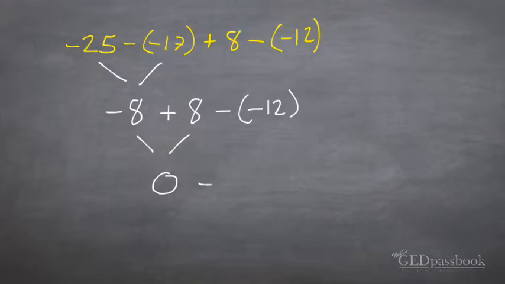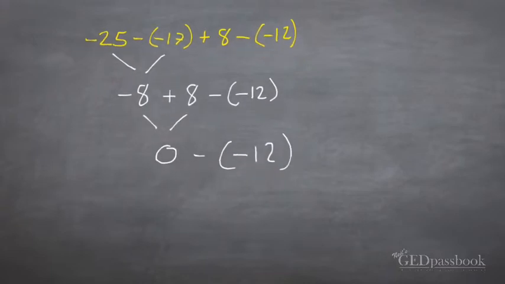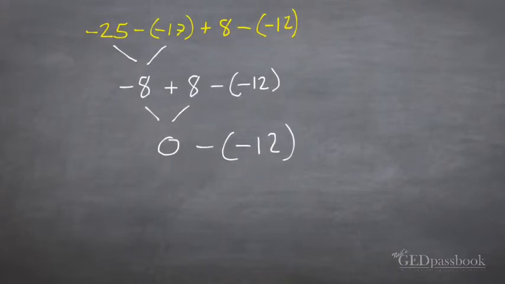So bring down the rest of the other stuff, which in this case is the remaining minus negative 12, and then ask yourself what operation is in the middle. Is this adding integers or subtracting integers? What's the middle operation? Subtraction.